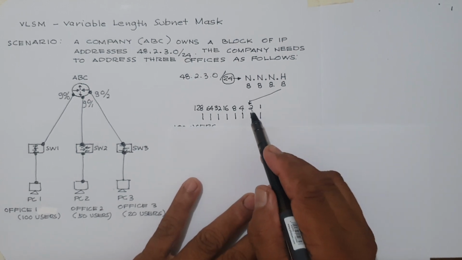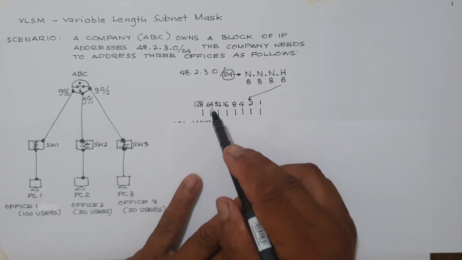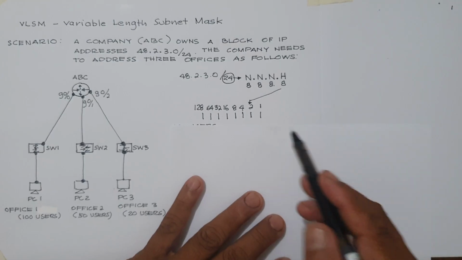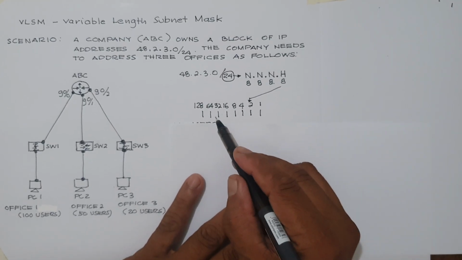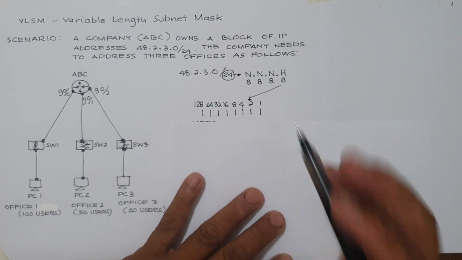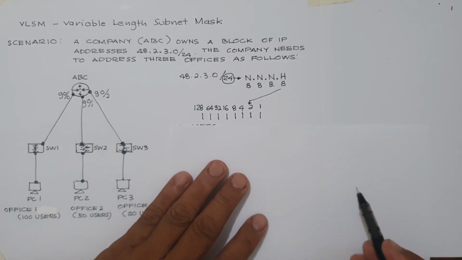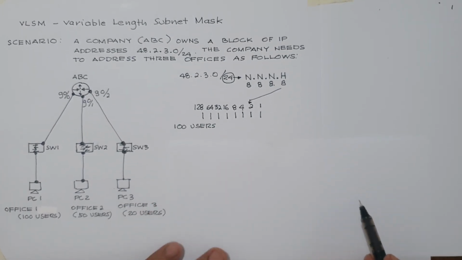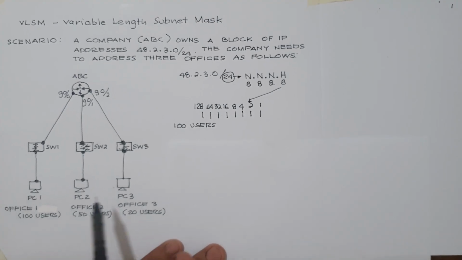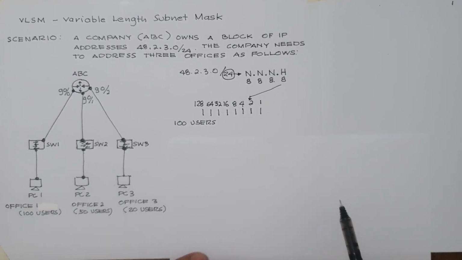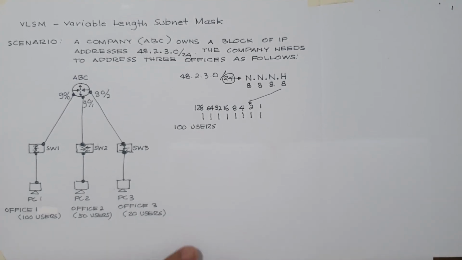So we have this 1, 2, 4, 8, 16, 32, 64, 128 corresponding to each of these bits. Okay, so first we arrange the user requirements from highest to lowest.